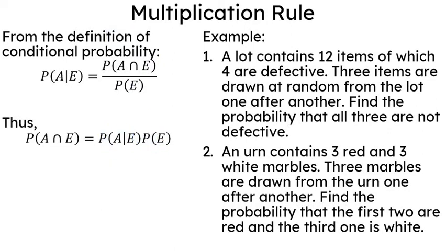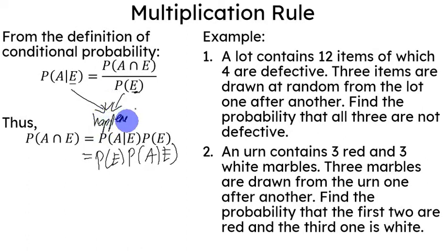Since this is multiplication, we can also write it as the probability of E happening multiplied by the probability of A given E. This is better because we know that event E happened first. So since we already know that this event happened first, this will then affect the probability of A given that E has happened.